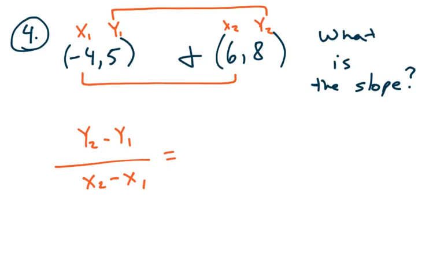I could flip it. I could say y1 minus y2 over x1 minus x2. And how you label it, it doesn't matter as long as you're consistent. So what I mean by that, let me stress this here. If I'm going to label this x, the first one x1, I'm going to label the x component x1, then the y component must be y1.